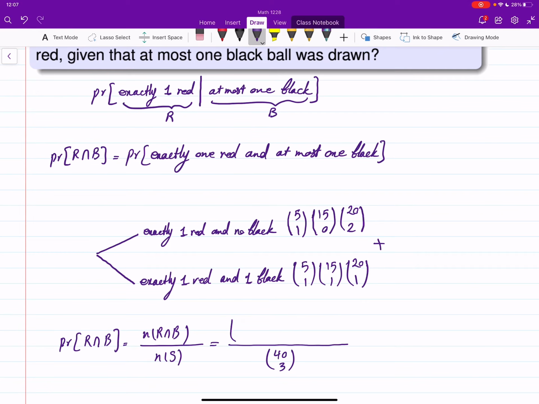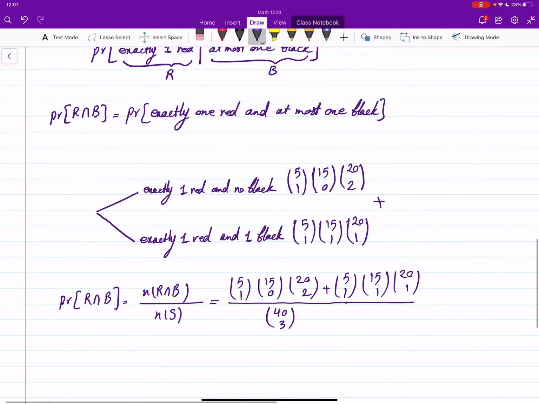The numerator is 5 choose 1, 15 choose 0, 20 choose 2, plus 5 choose 1, 15 choose 1, 20 choose 1. So that is the probability there. Well, actually, I can make it look a little bit nicer here, but I will leave it like that because I need to do more calculations later.